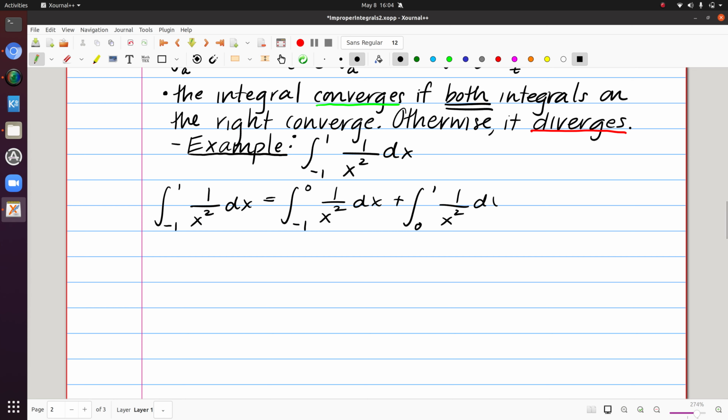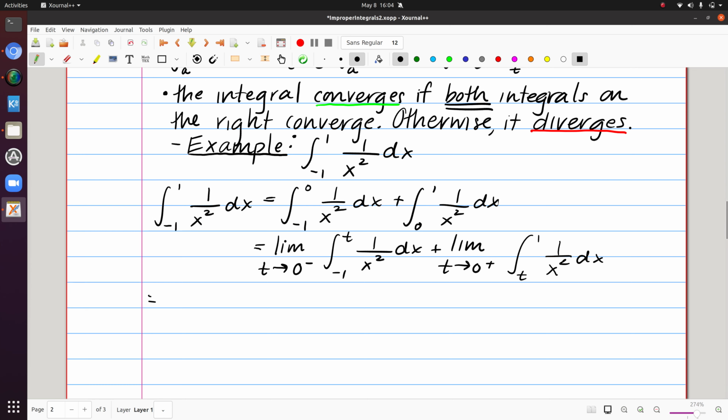Now, unlike the case where we had the integral from -infinity to infinity, in that instance, I said you could split it anywhere you'd like. But here you have to split it at the discontinuity, so there's no choice involved with that. So we're going to approach this first one as the limit as t approaches 0 from the left, integral from -1 to t, plus the limit as t approaches 0 from the right, integral from t to +1.